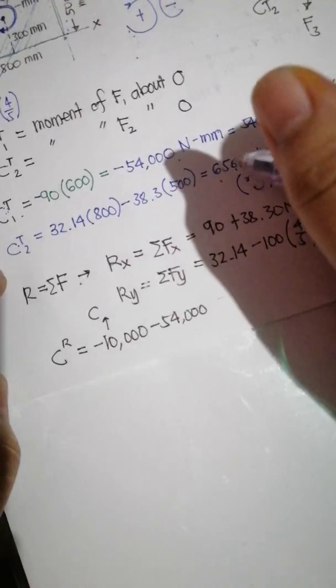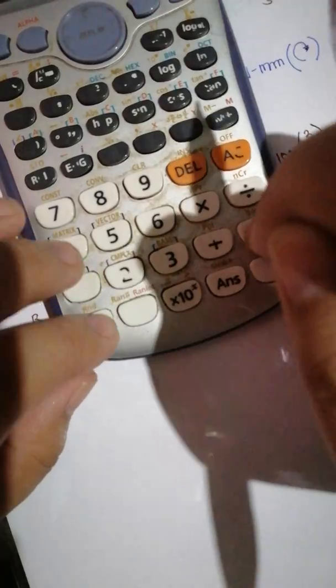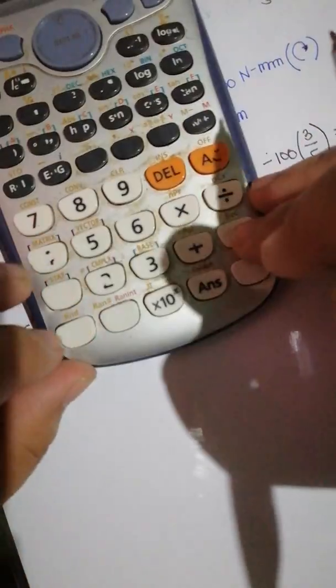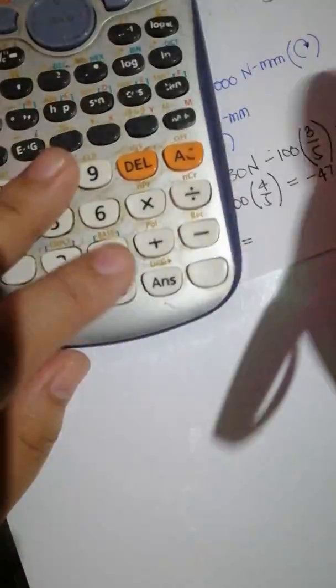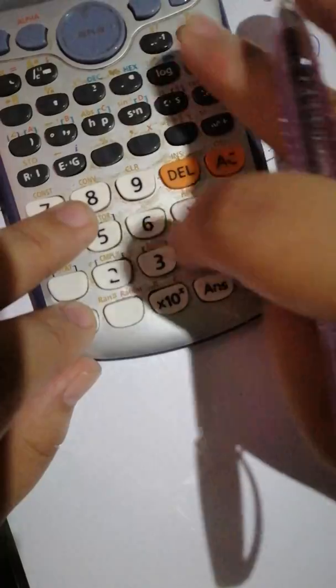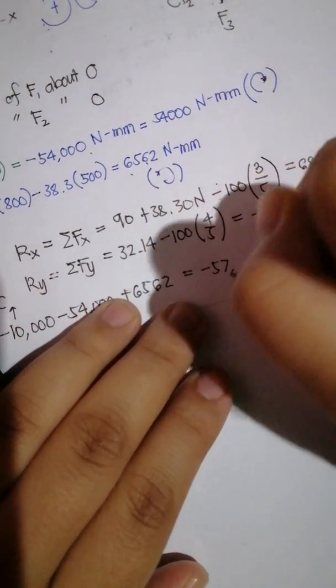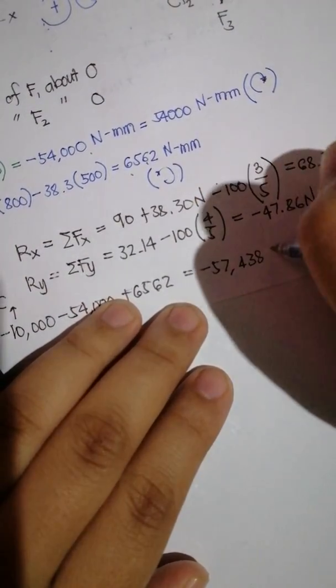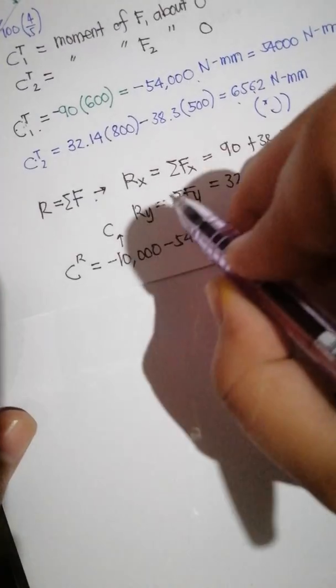And then, ito, positive 6,562. Ayan. Negative 10,000 minus 54,000 tapos plus 6,562. Yan. So, we have negative 57,438. That is, of course, in Newton mm. Yan. So, this is now the resultant force and the resultant couple.